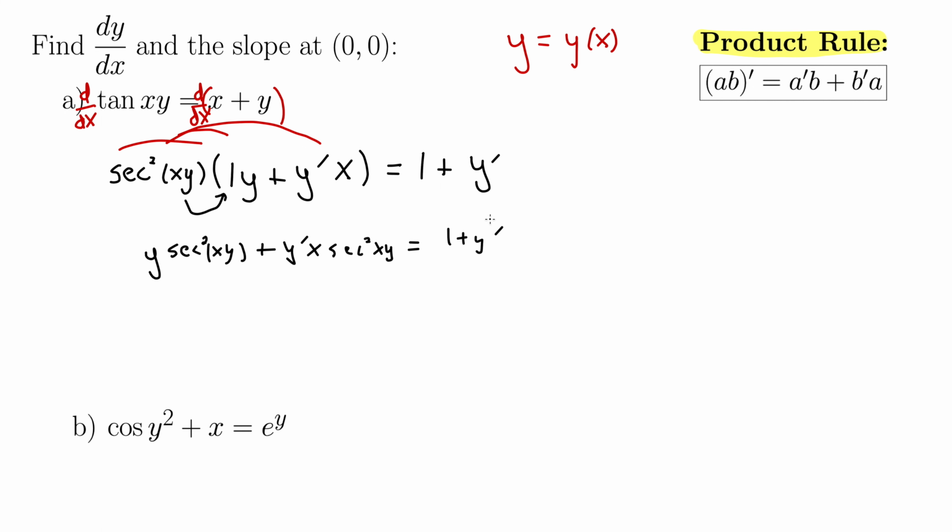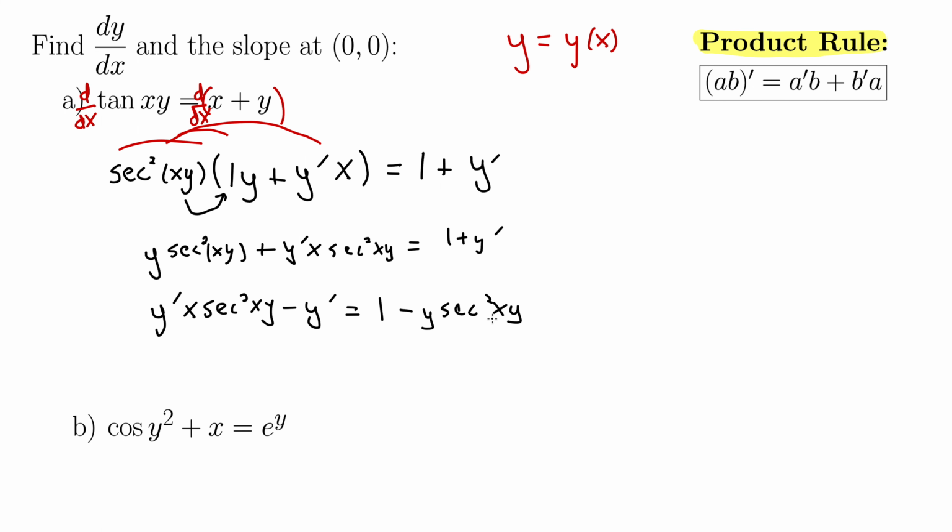Let's get everything with a y prime in it on one side, so I'll subtract off the y prime here, and I'll subtract off this whole other term, y sec²(xy), from both sides to get everything else on the other side. So we have y prime x sec²(xy) minus y prime equals 1 minus y sec²(xy).